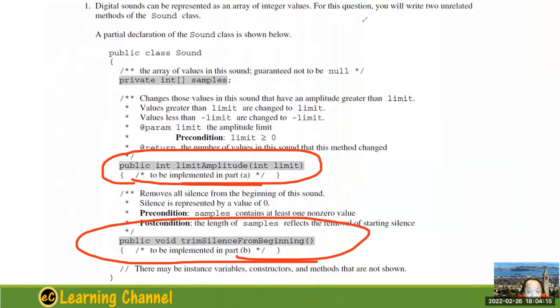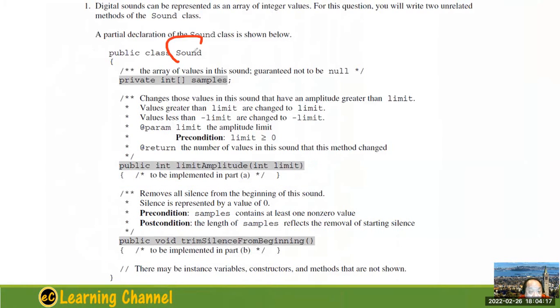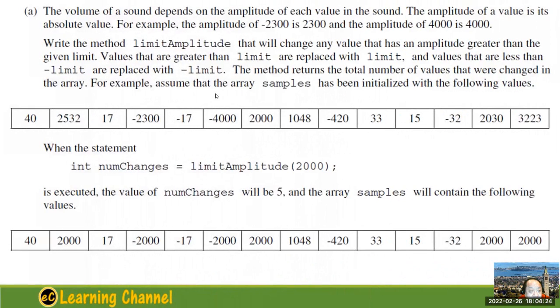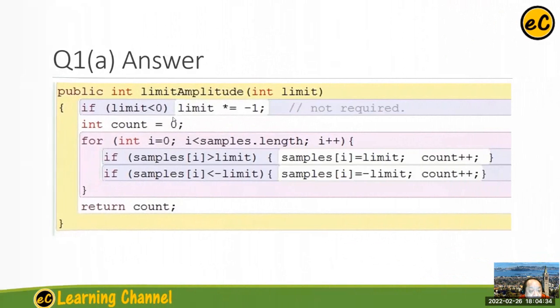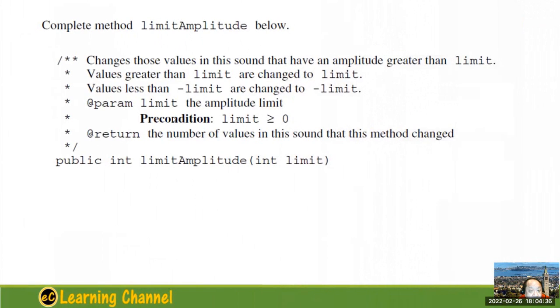There's a class called sum, and there's an array of samples. Then you move on to the problem statement. Read through it, then solve it and give the answer. So this portion we know.